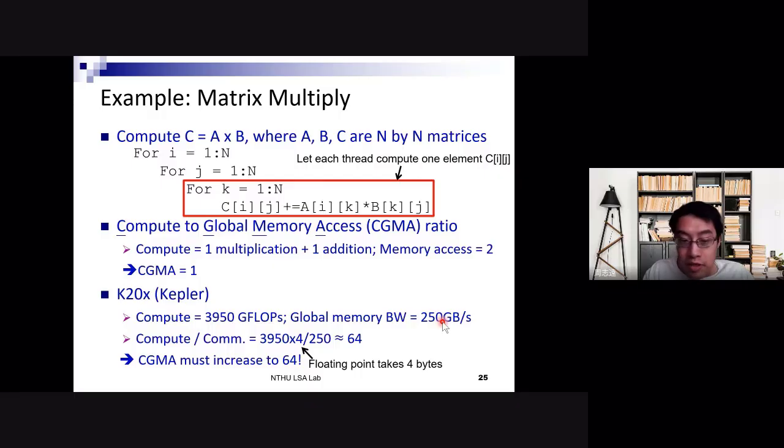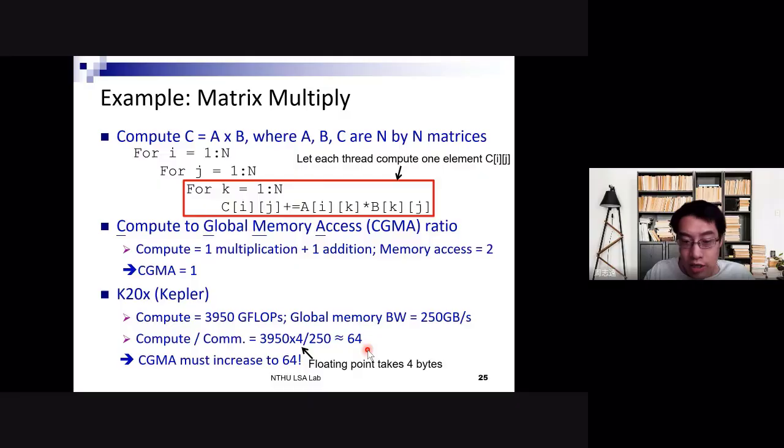Okay, so it's roughly about 64 times. So if the GCMA ratio is less than 64, which means very likely you are bounded by the memory bandwidth. On the other hand, if somehow you get the ratio over 100 or even 200, then probably it is bounded by the computing capability.